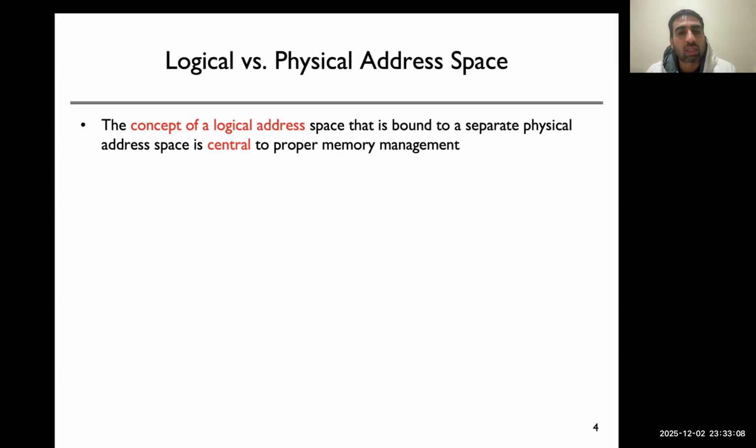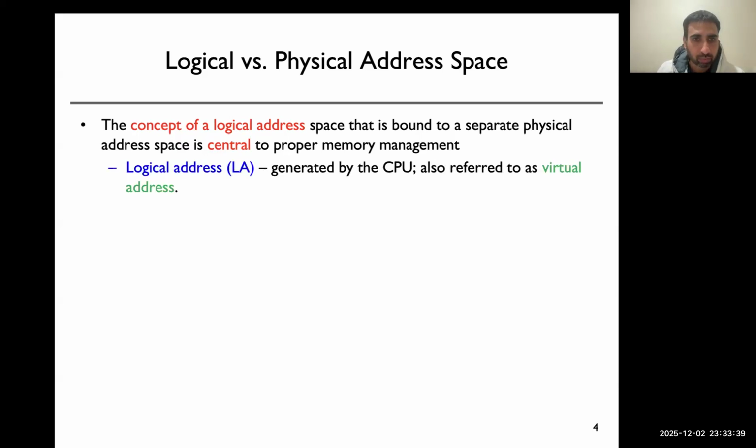Why? Because if you remember, in the last lecture we talked about how, if we can separate the logical address from the physical address, then it allows the operating system to relocate a process in memory, which basically means that we can allow a process to be mapped at different locations in memory depending upon the availability of memory space.